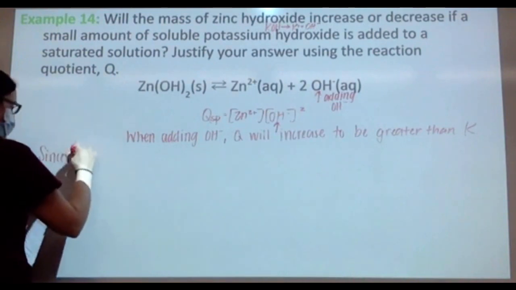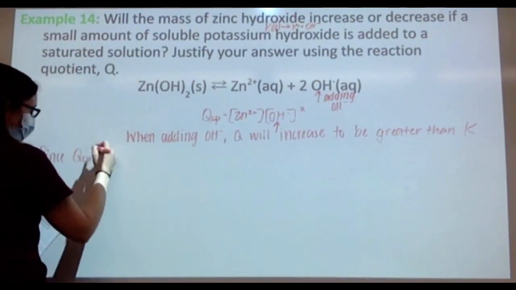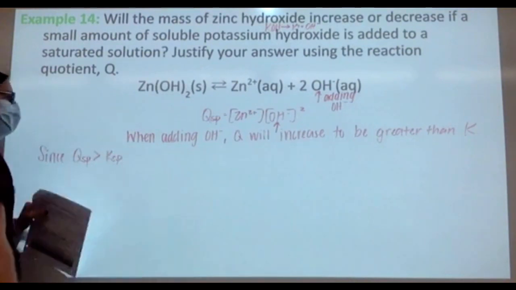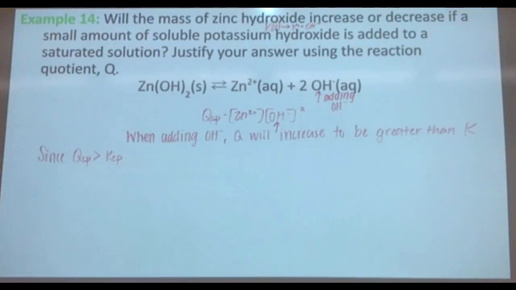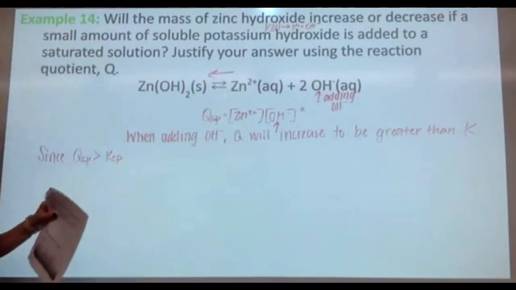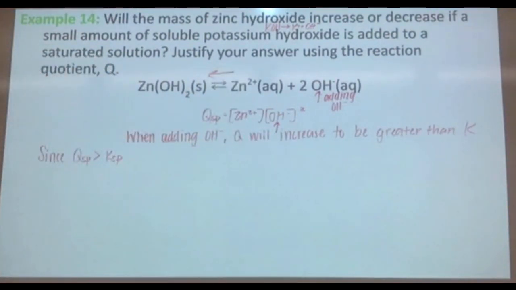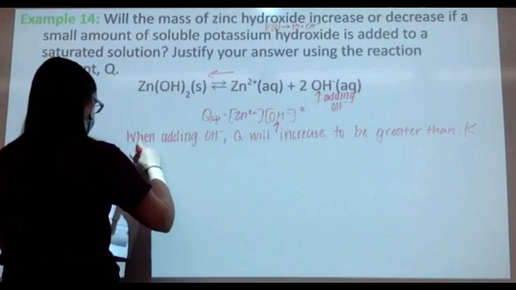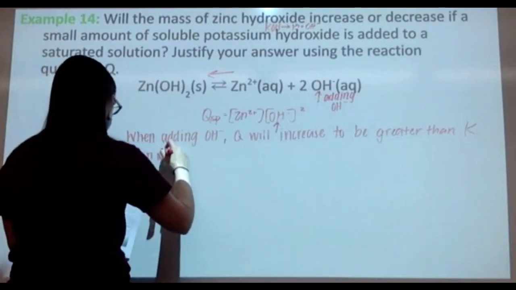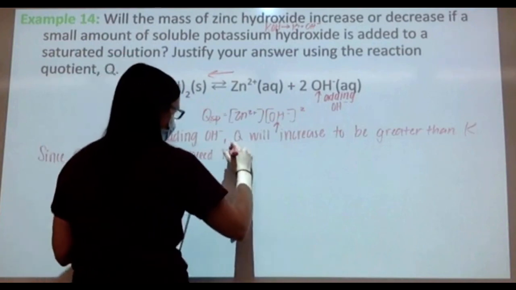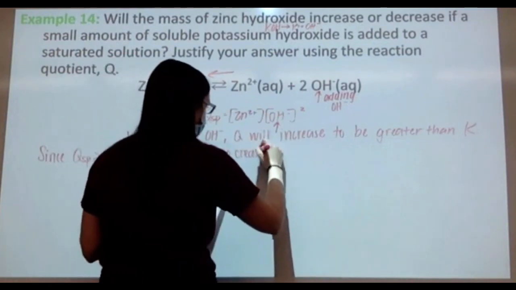So then I'll be more specific and say QSP is greater than KSP. Well, now Q is too large. So more reactant will be formed. Since Q is greater than K, the reaction will proceed to create more reactant.